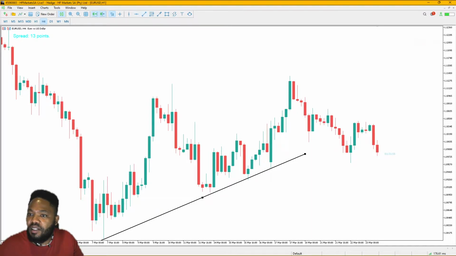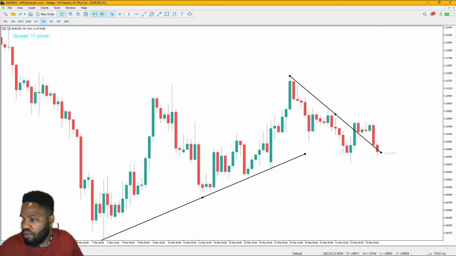Let's focus on the current one, I think this was a day or two. We've seen that this thing has done a reversal, it's turning, it's a downtrend.